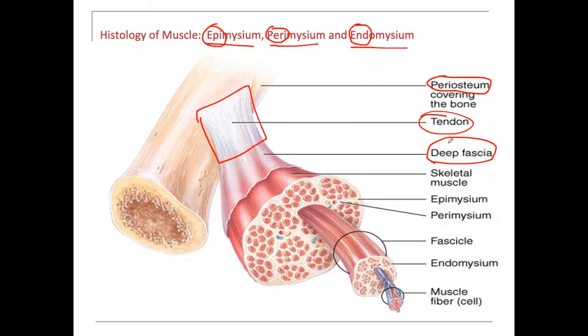When the cast is cut off, 5, 6, 7 weeks later, the arm doesn't open up. It doesn't straighten out very easily. It takes a while to get it to open up, and that's due to fascia. Fascia is highly adaptive and responsive, and it kind of learns and adapts to the position that the muscle is in.